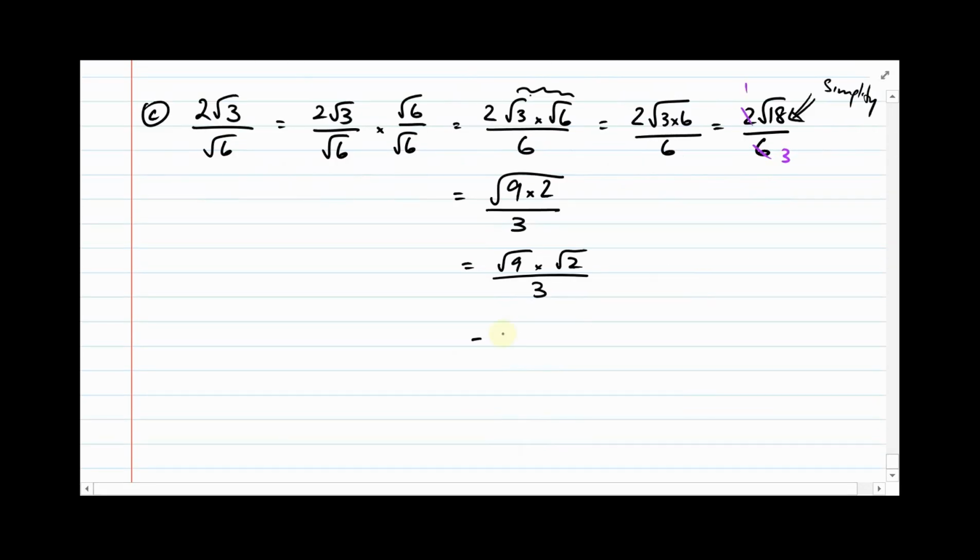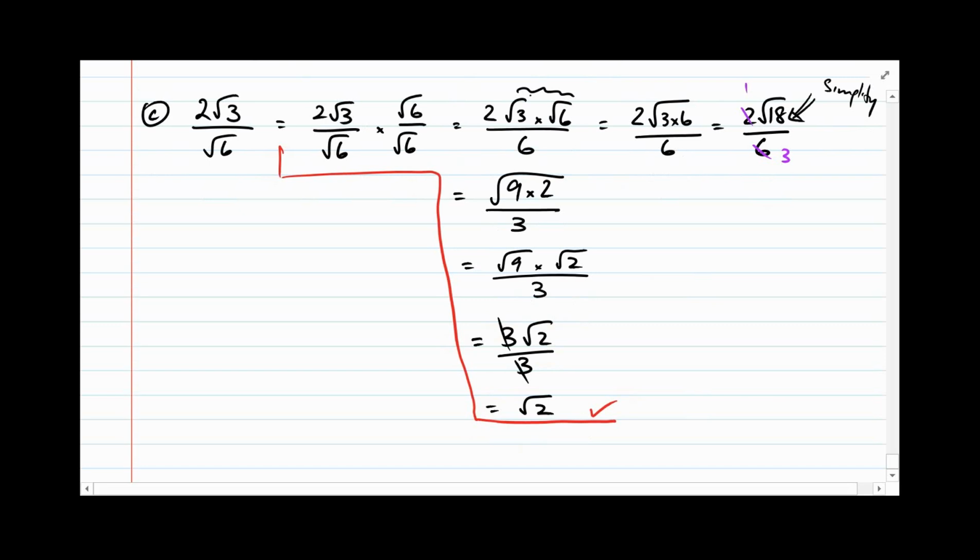What do I get? I end up with 3 root 2 over 3. Similarly, the answer is root 2. Now the question is, could I have done this another way? Each time I ask that question, I know you're saying yes, by now you've gotten the idea.